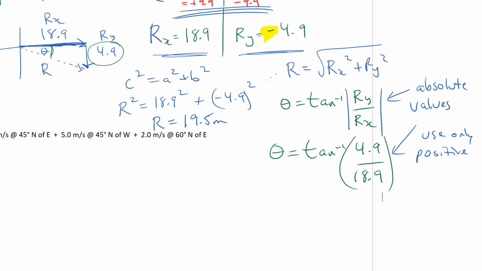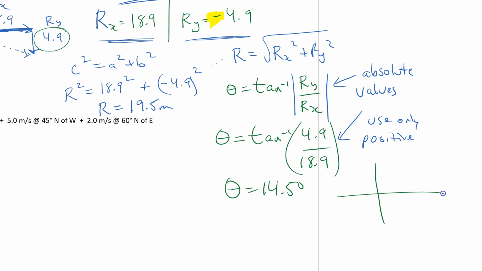So when I do the inverse tan of 4.9 over 18.9, what do I get? I get 14.5. Theta is equal to 14.5 degrees. Now we're not quite done because I have to interpret that. So that is 14.5 degrees here. So what is that? Now I have to think about it: if x is positive and y is negative, I'm in quadrant 4.